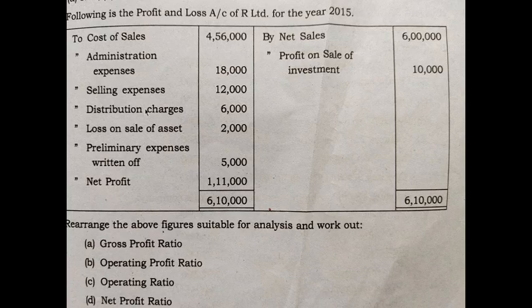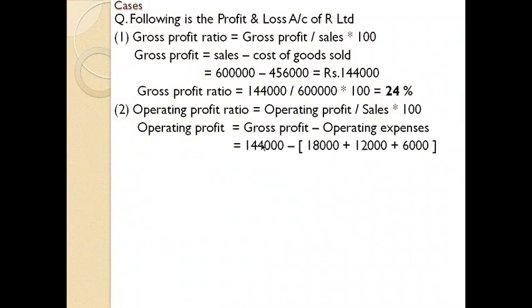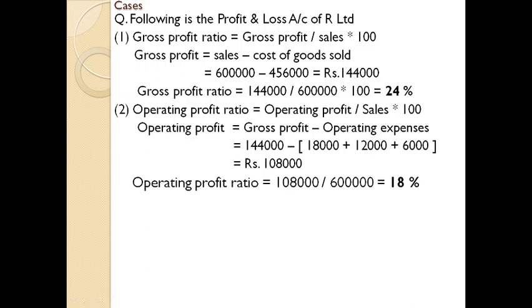So by adding these three items, you will get operating expenses. So gross profit 1,44,000, which we found just earlier, minus operating expenses, administration, selling and distribution, you will get 1,08,000. By substituting the same amount in the equation, operating profit ratio equals 1,08,000 divided by 6 lakh, you will get 18%.